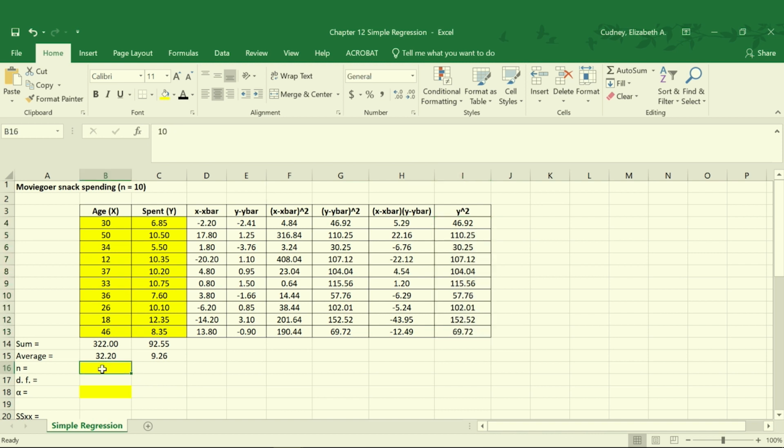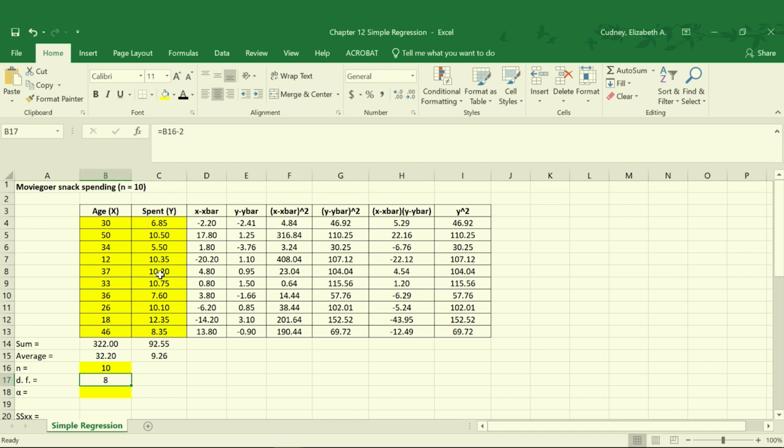Our value for n is 10 because we have information on 10 moviegoers. Our degrees of freedom then is B16, our value of n, minus 2. It's important to note that it's minus 2 because we have two variables here. We have a sample that's related to age and a sample that's related to the money spent.